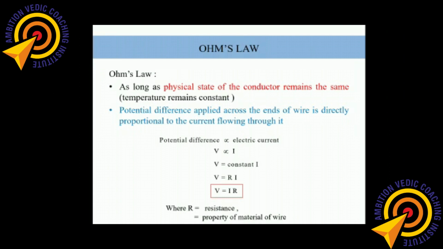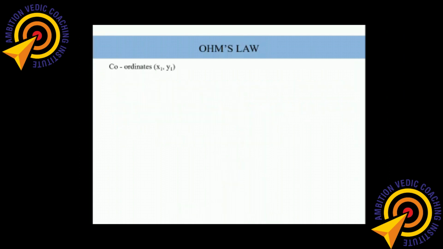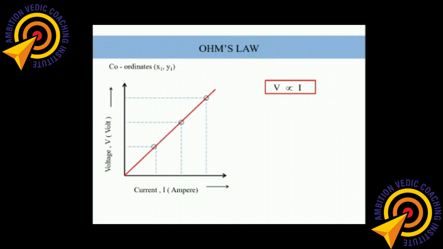Now, whenever we see this Ohm's law, we saw that V is directly proportional to I. Very importantly, whenever two properties, for example potential difference and current, let's say this is X and that is Y, are directly proportional to each other, the graph between them is always a straight line, a straight line passing through the origin.